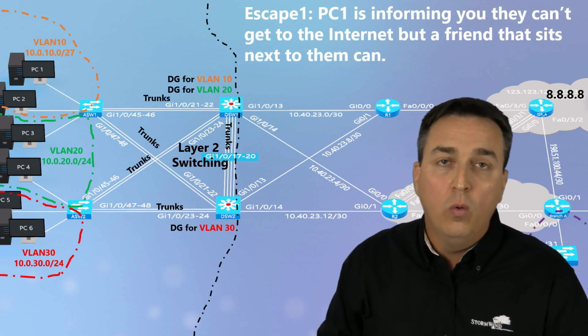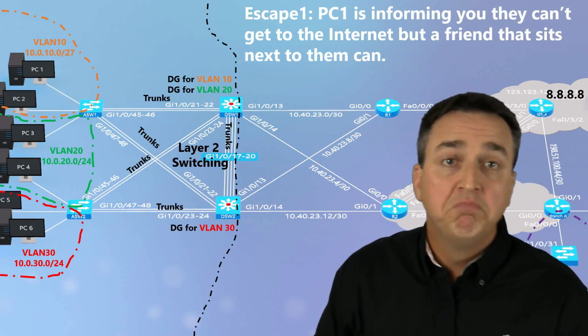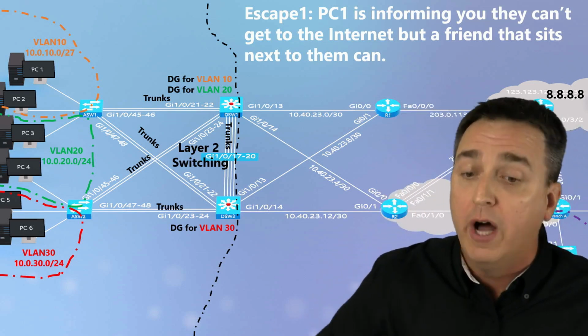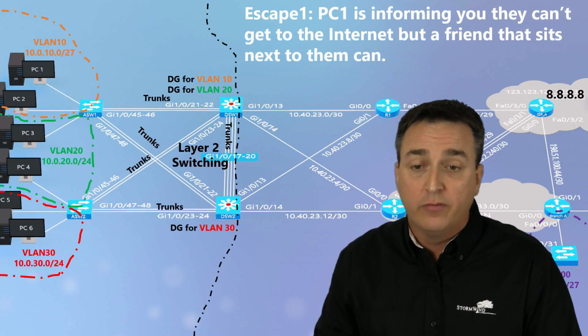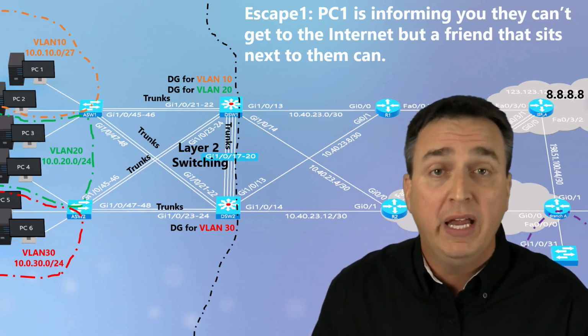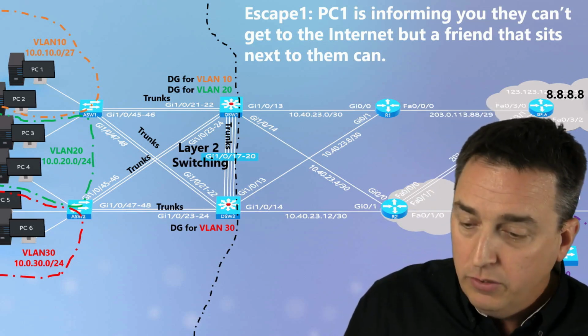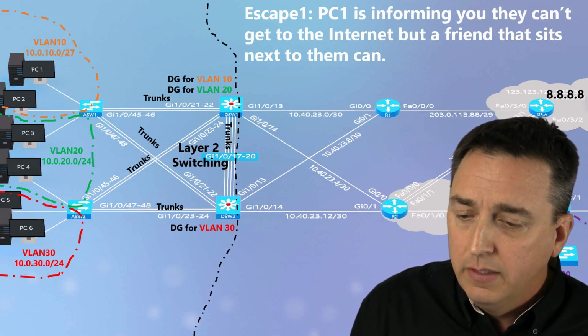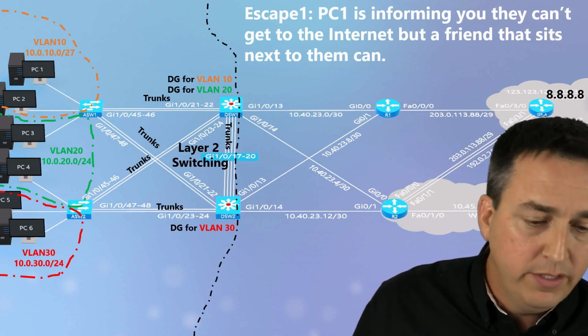Right? So what is the actual IP address of our default gateway? That's a good one. That would be excellent for us to check out. So somebody says, let's go ahead and ping the default gateway. So let's go over to DSW1 and see what we have for some IP addressing on DSW1.